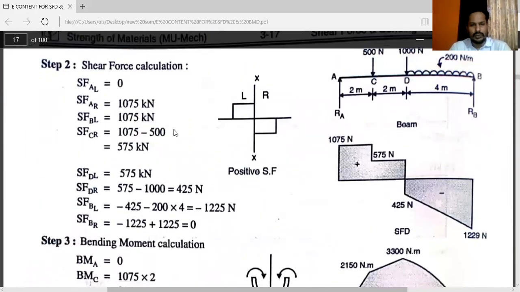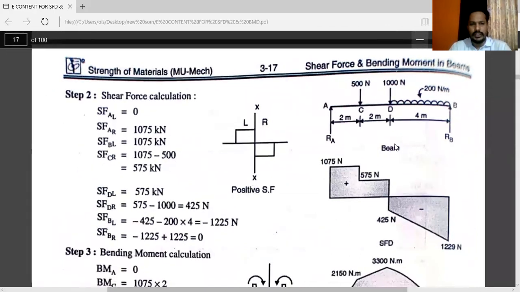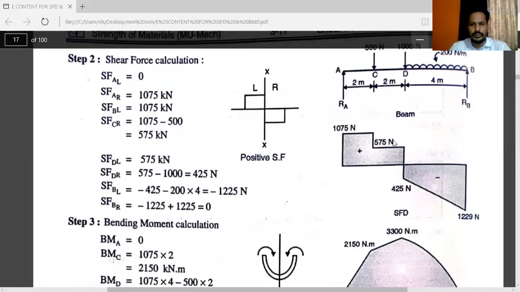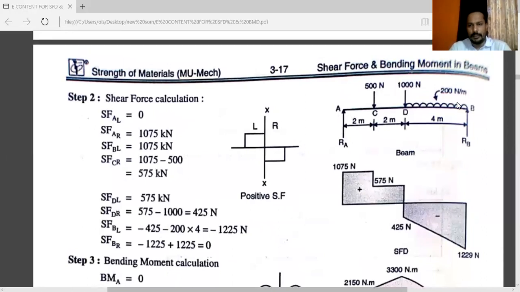And now the next and very important thing, you can see this diagram. You have to draw a given diagram very perfectly. Here we have support reaction RA.